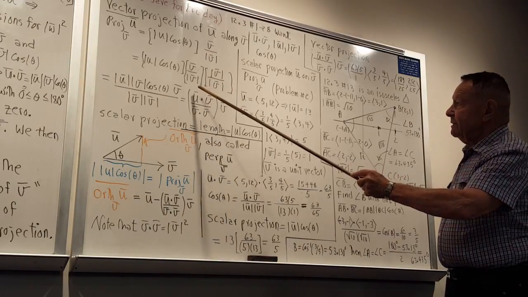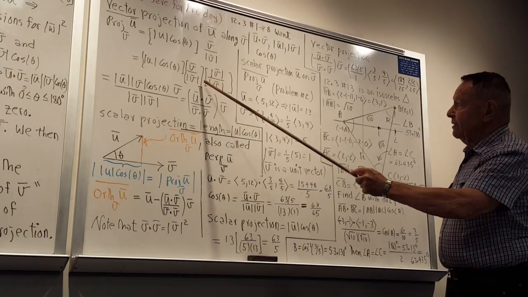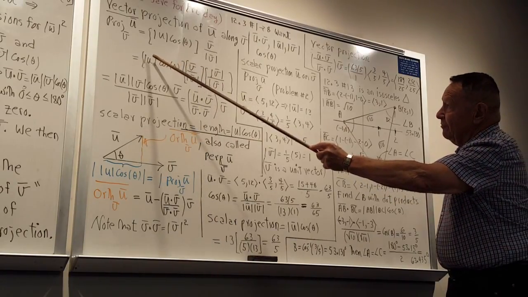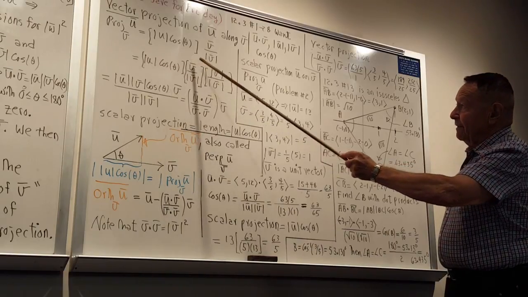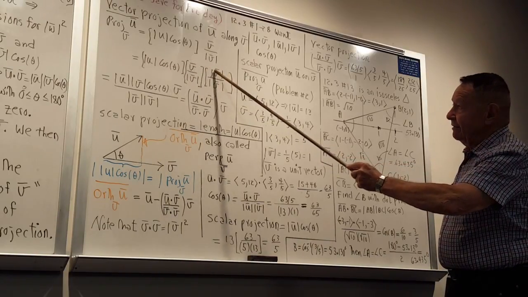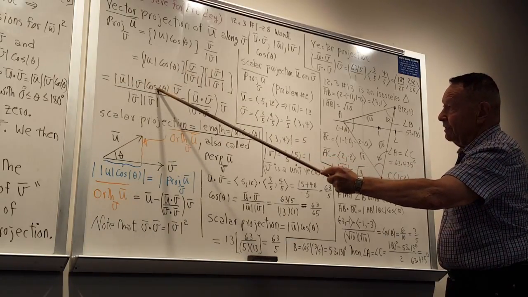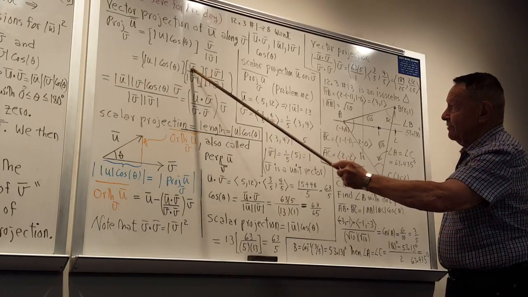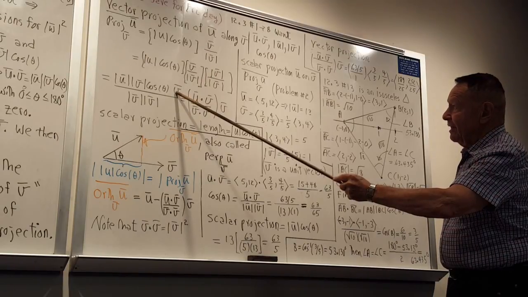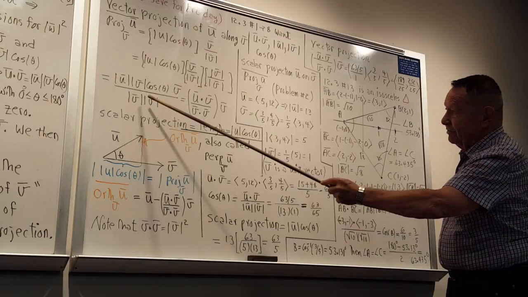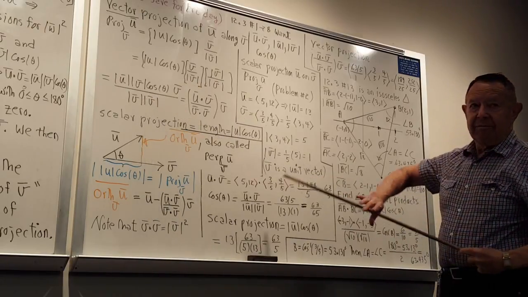And so the thing to notice is if you do this, you now have magnitude u, magnitude v, cosine theta, which I rewrote over here, and then this v is your vector on top, and you have magnitude v times magnitude v on the bottom.